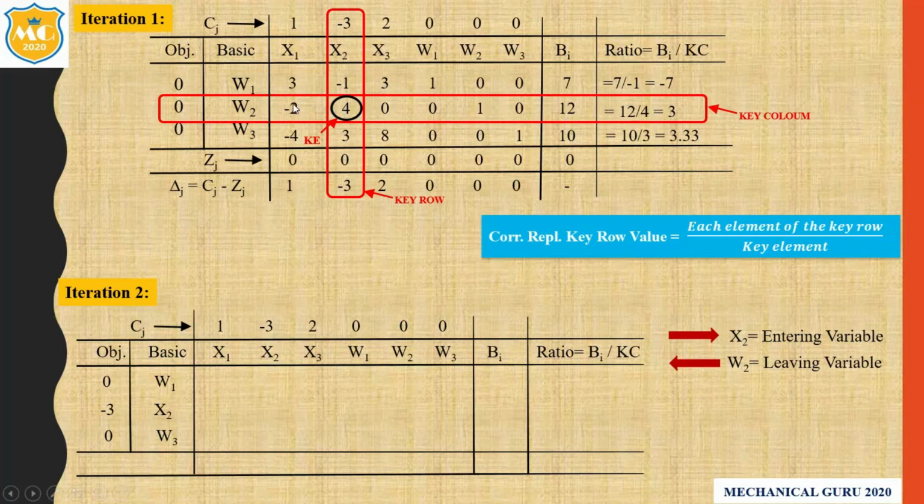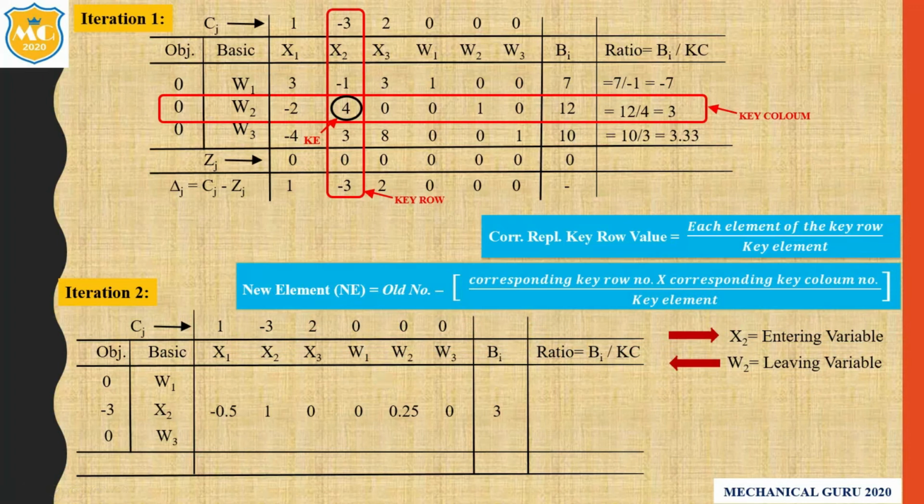So each element of the key row is divided by the key element. So here we get the values minus 0.5, 1, 0, 0, 0.25, 0 and 3.